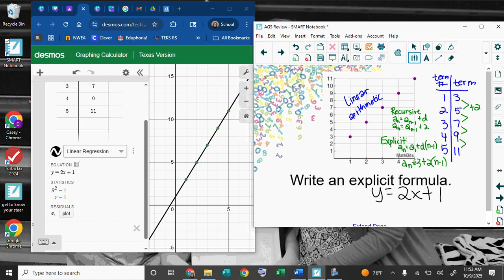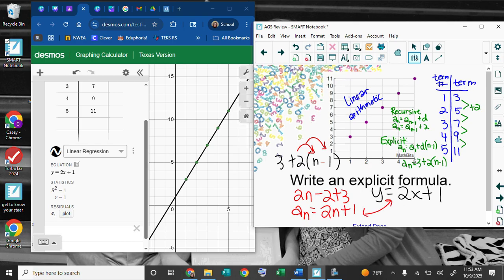If we had taken this 3 plus 2 times n minus 1 and done our distributive property, 2 times n is 2n, 2 times 1 is negative 2, and then I add 3 to that. Well, that's a sub n equals 2n plus 1.